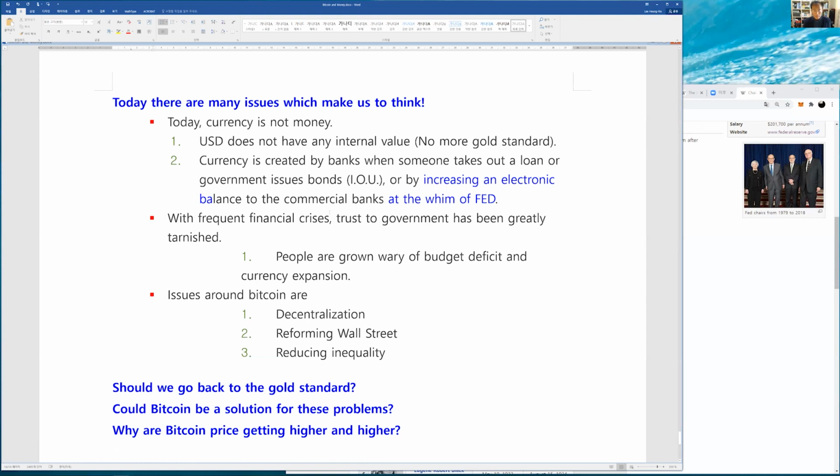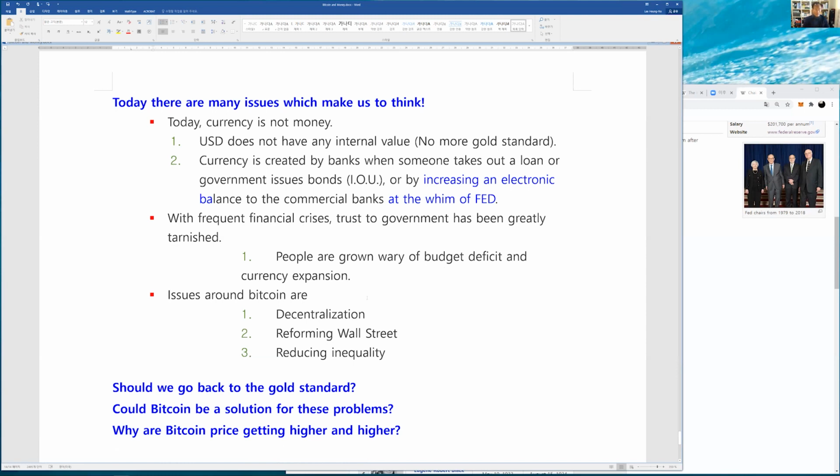Okay. So from the frequent financial crises people experience, trust in government, especially the U.S. government, has been greatly reduced, and people have grown worried about budget deficits and currency expansion.